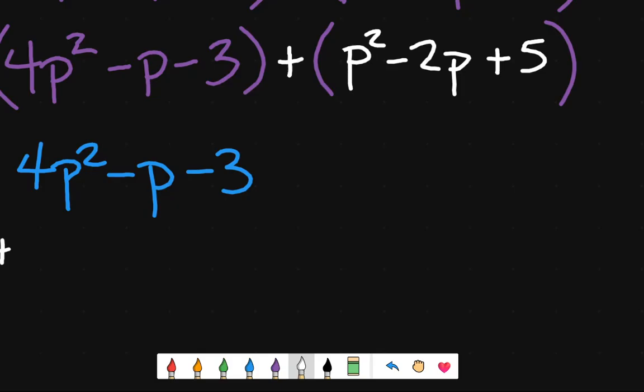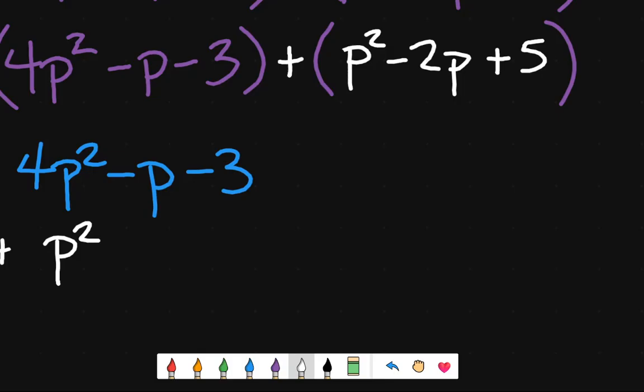If you said 4p squared, you would be correct. So that p squared needs to be added to the 4p squared. Okay, so let's bring that over. p squared goes with 4p squared, and by the way, that is 1p squared. I know there's no number in front of the p, so it's assumed to be a 1.